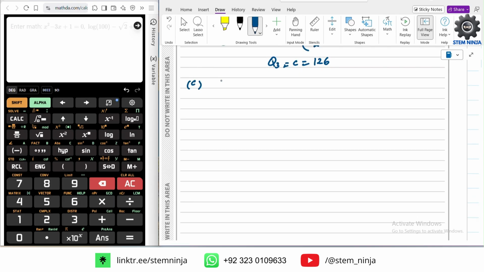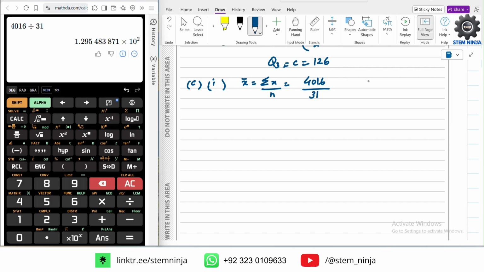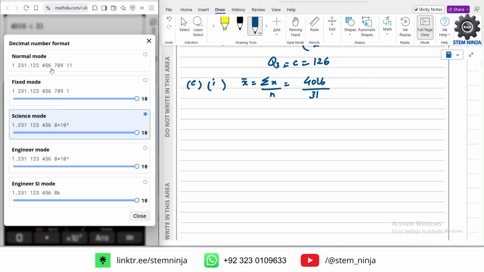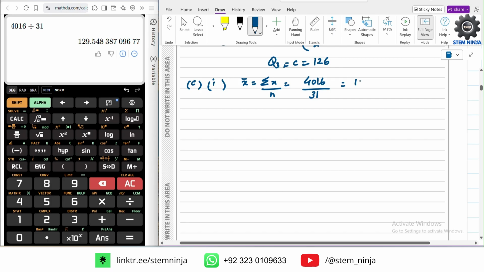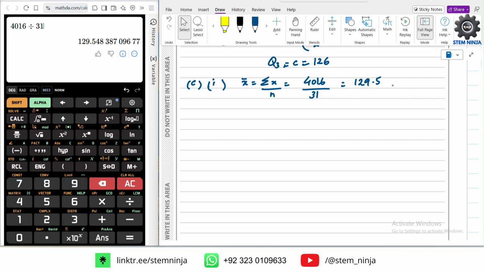The mean would be the sum of values of x over n, and they give us 416 divided by 31. So 416 divided by 31 is 129.5. Since we need the 3 significant figures answer, we can write it as 130.